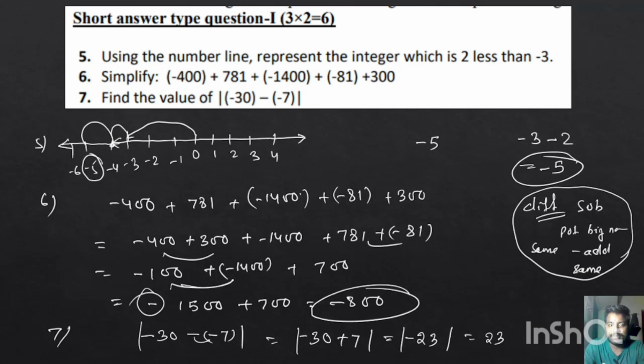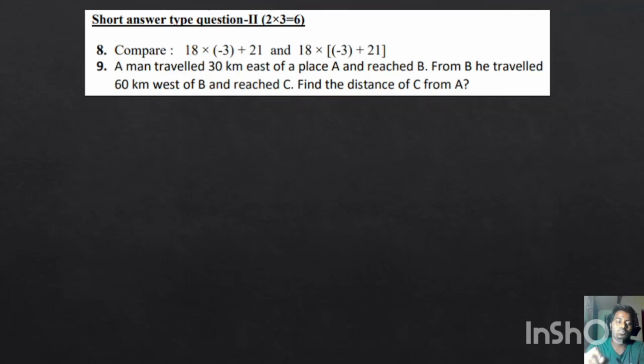Okay. Now next question number 8, compare. How to compare? 18 into -3 plus 21 and 18 into -3, then square bracket, plus 21.